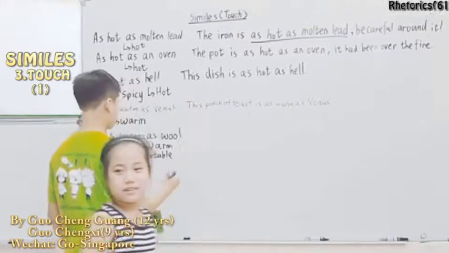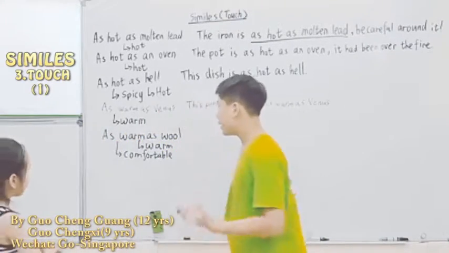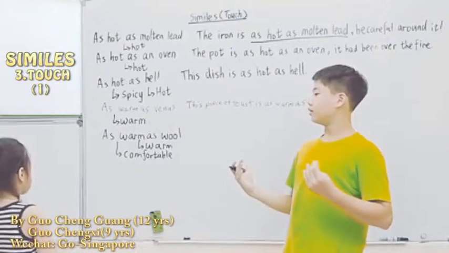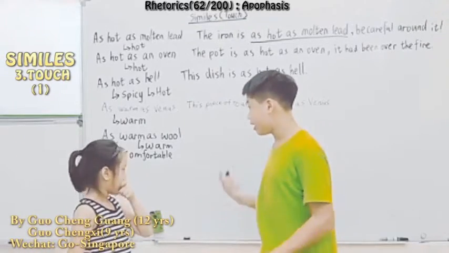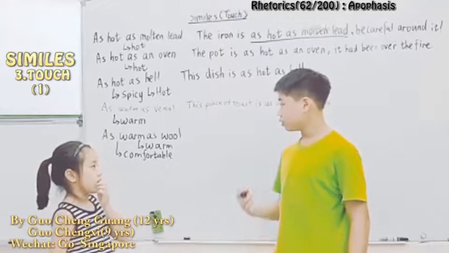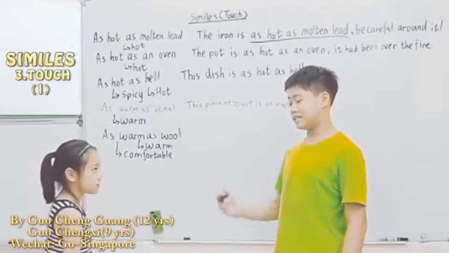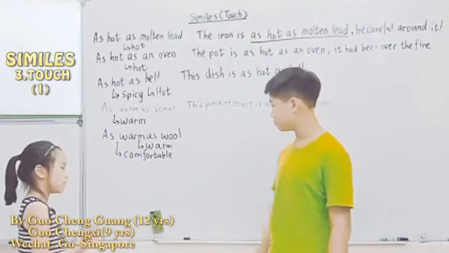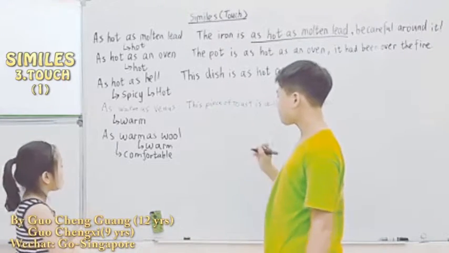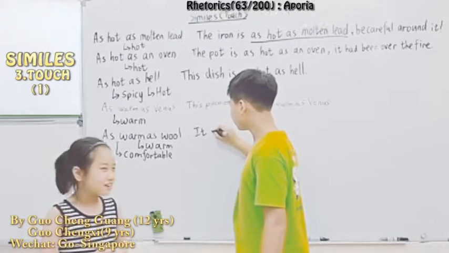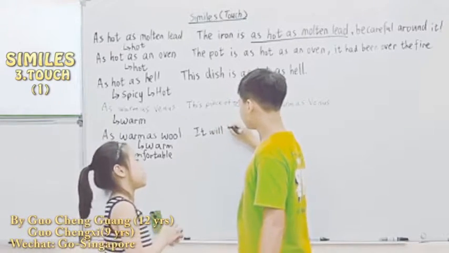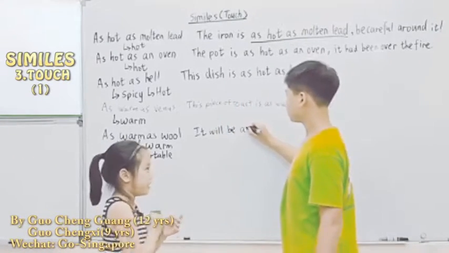Okay, so how can I describe wearing a shirt or wearing a tee as warm as wool? Tee is for t-shirt. Okay, so you can say any of them, but sometimes you say jacket. Sometimes you wear them when you're cold, right?